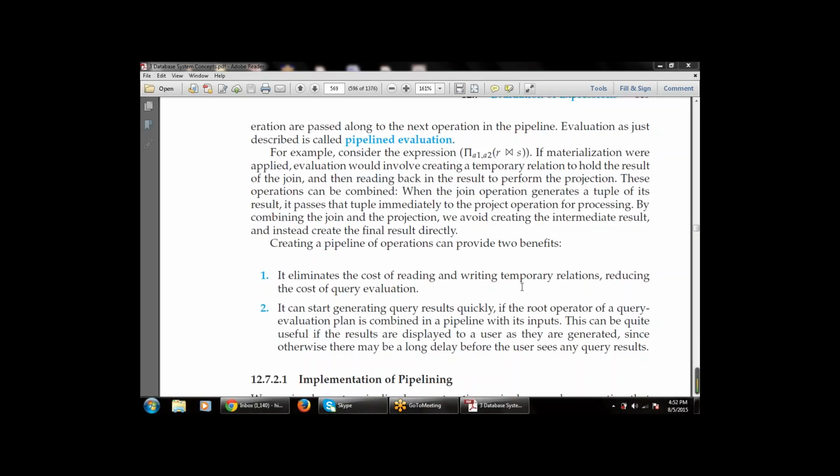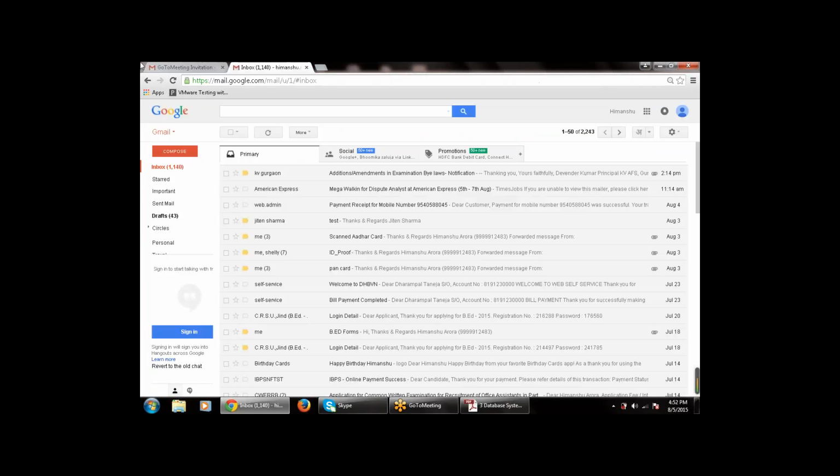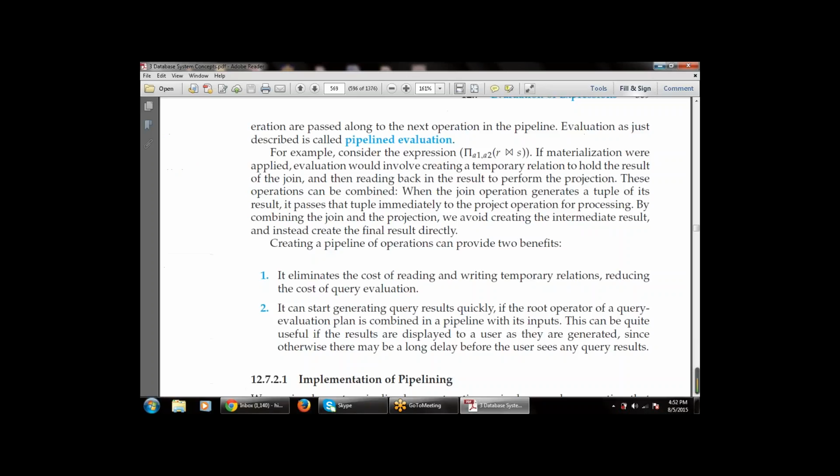So it reduces the cost of query evaluation, because it removes the cost of reading and writing temporary relations.